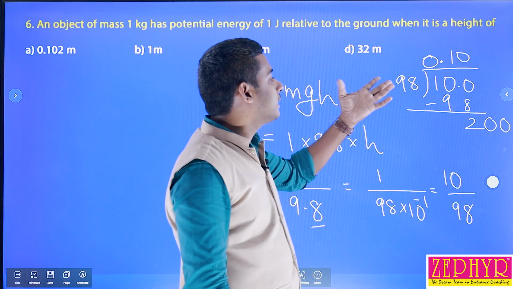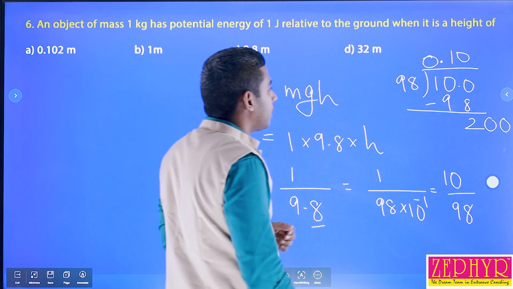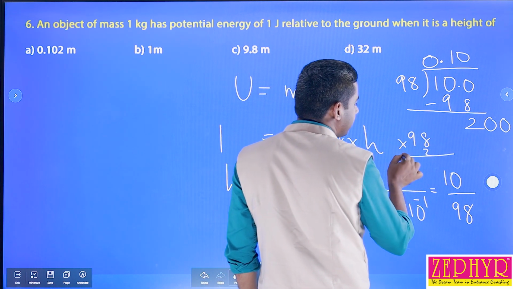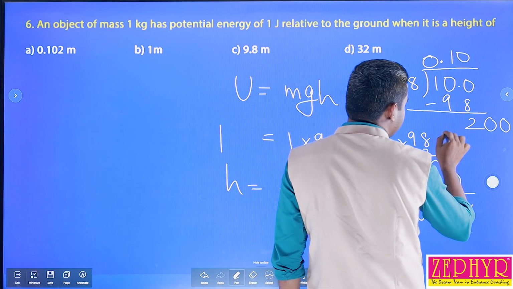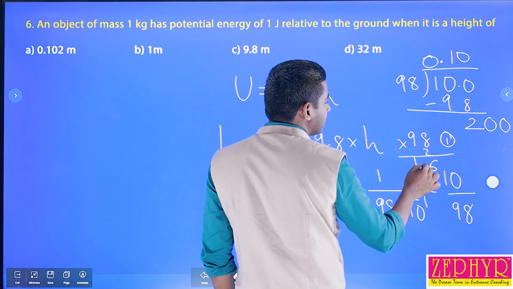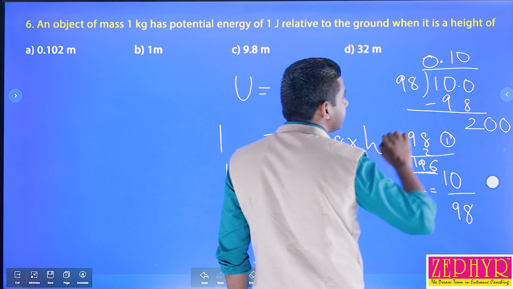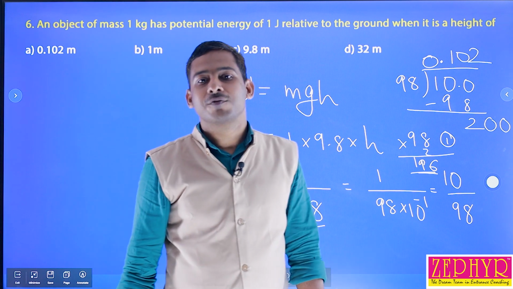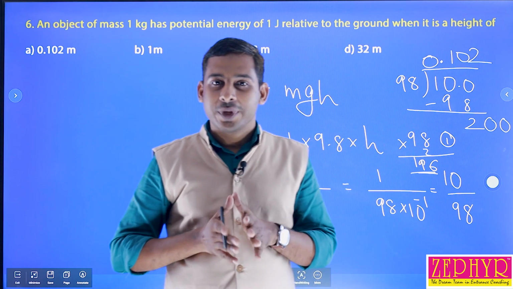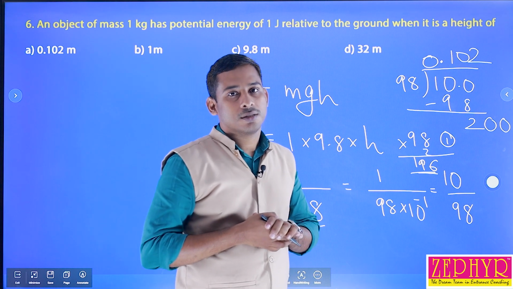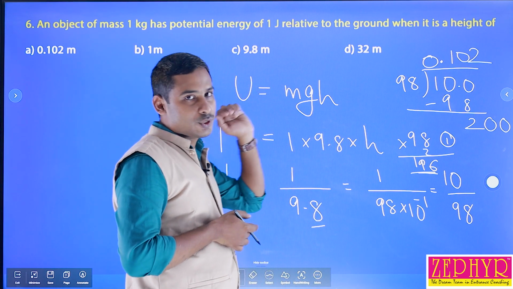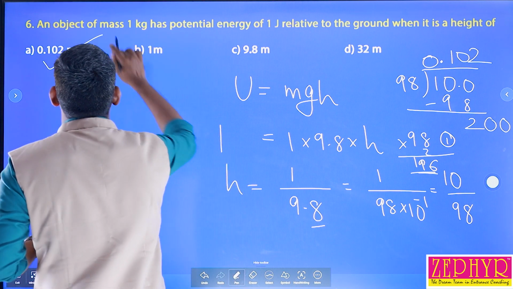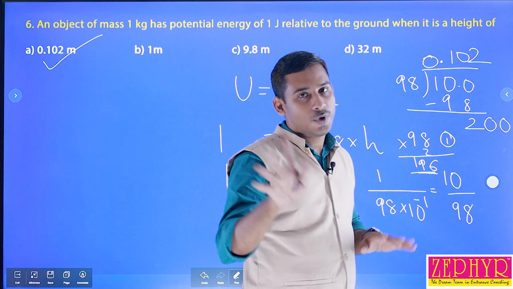In 200 how many 98 do we have? 98 × 2, that is 196. So, when we divide, the answer becomes 0.102. Am I correct, students? Yes. So, the answer is 0.102 meter. So, we can say the correct option is option number 1.